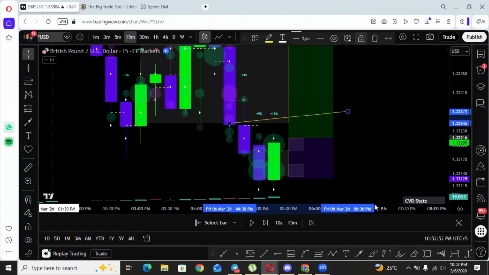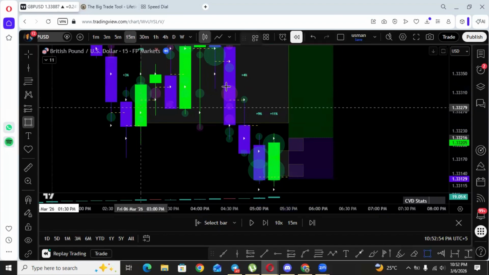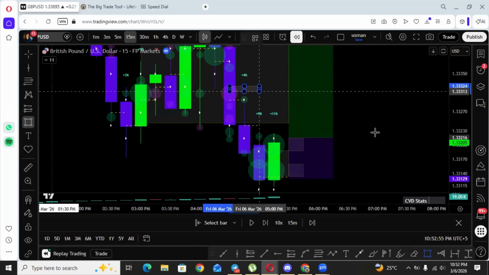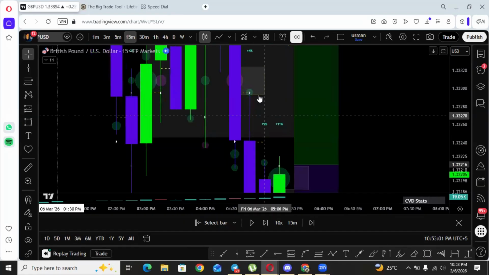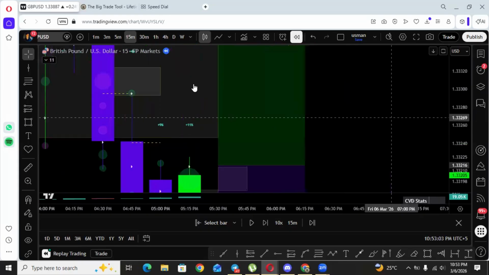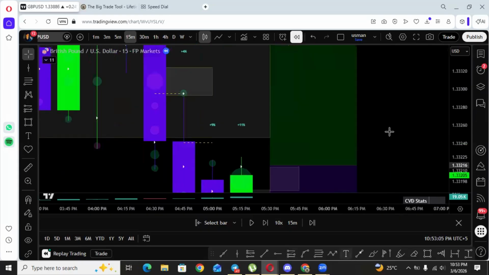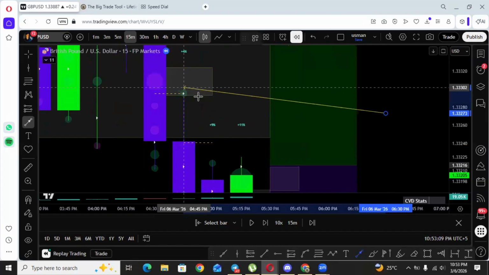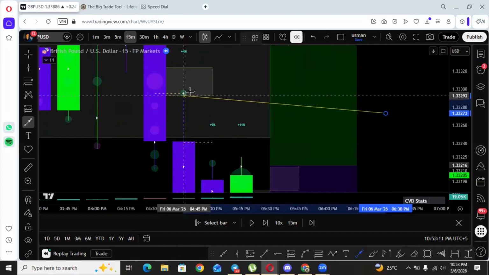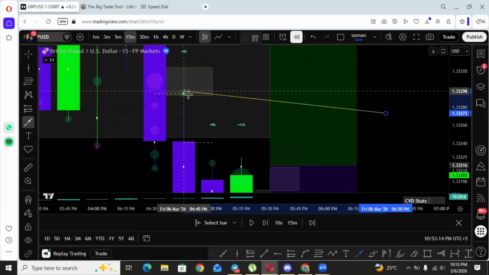So when the price reaches this imbalance area a second time, what happened? Buyers try to push the price up, and you can see at this point the green bubble. But they get absorbed. Why do I say absorbed at this point?